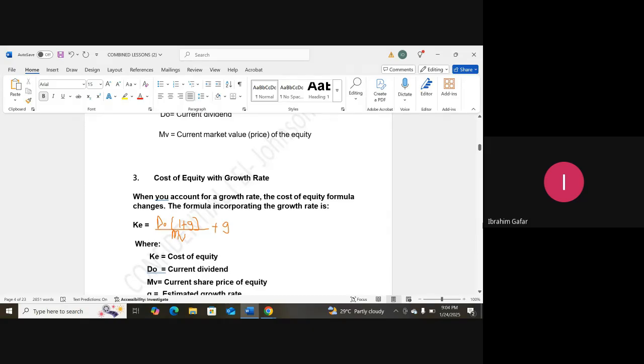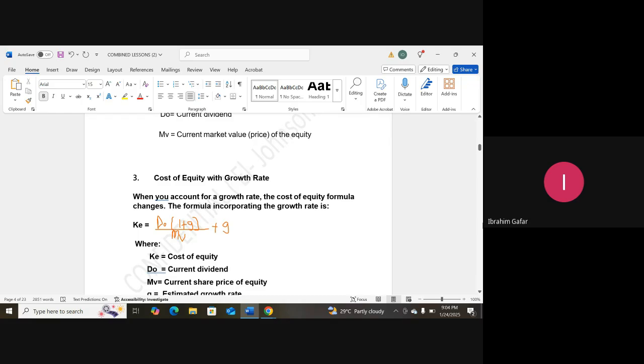Suppose the examiner is giving you the question and they tell you that the dividend is yet to be paid, or the dividends are going to be paid shortly, it means that such dividend has not been paid.